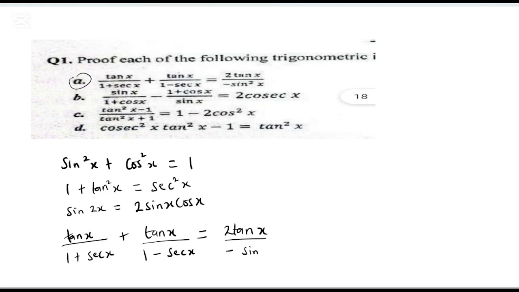We have tan x over 1 plus sec x plus tan x over 1 minus sec x is equal to 2 tan x over minus sine squared x.